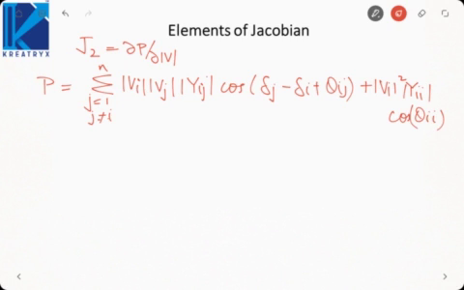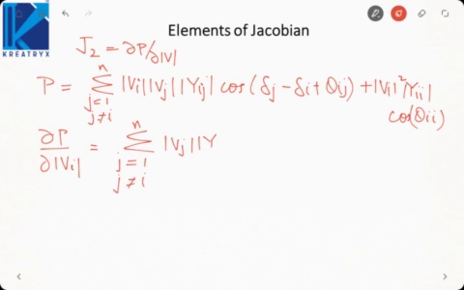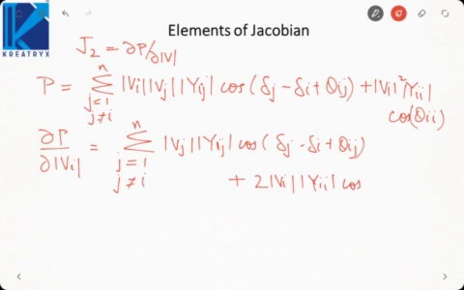Now if we calculate the diagonal elements, that is del P by del mod Vi, then this term would become the sum over j equal to 1 to n, j not equal to i, of mod Vj mod Yij cos of (delta j minus delta i plus theta ij). The derivative of the second term would be 2 mod Vi mod Yii cos theta ii.